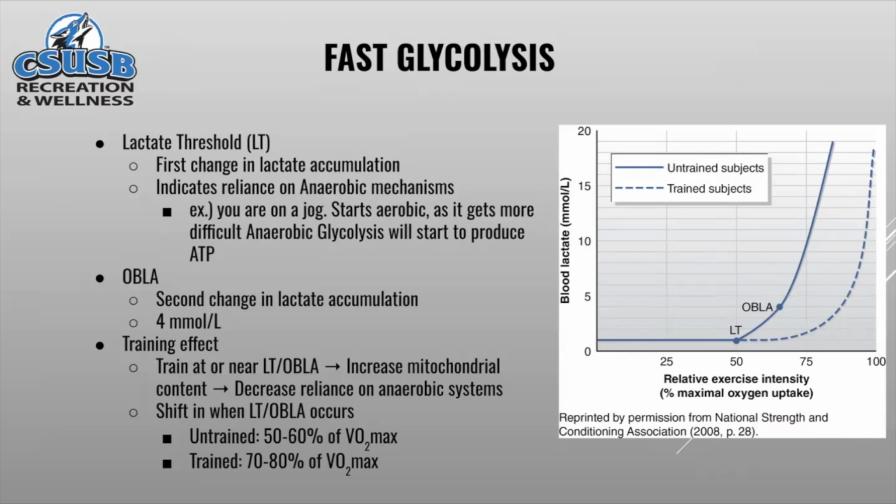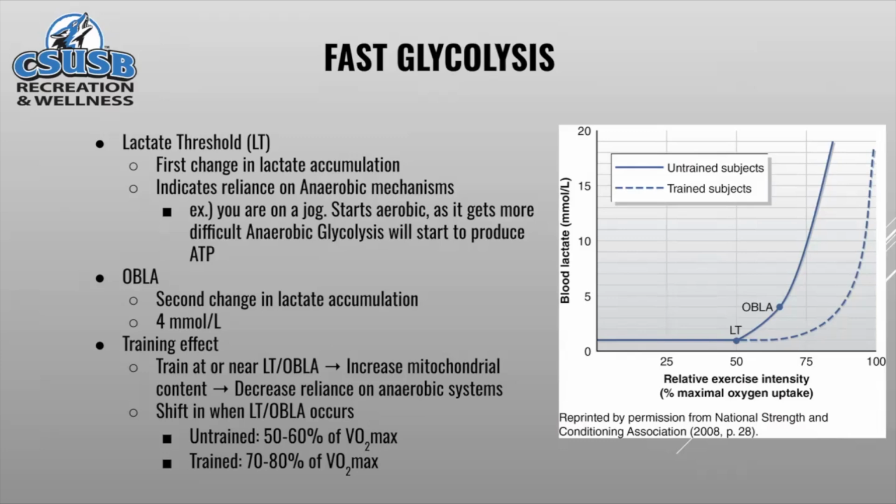But at some point, we are going to need more ATP than we are getting from it as exercise gets more intense or as duration goes on at a certain intensity, right? You can't hold the same intensity forever. So at some point, you're going to have to rely on your anaerobic glycolysis to help fuel your jog. And when this happens, we will see this lactate increase, right?